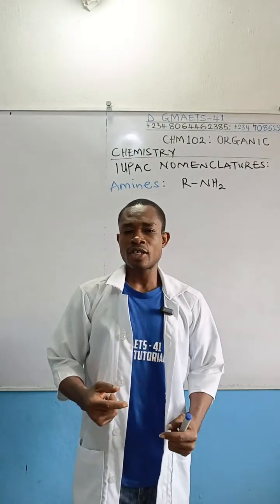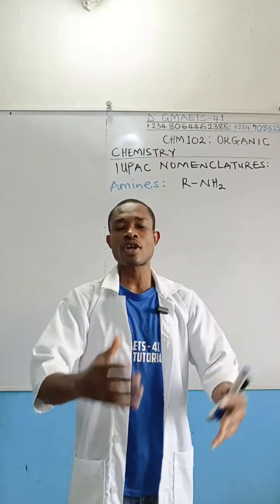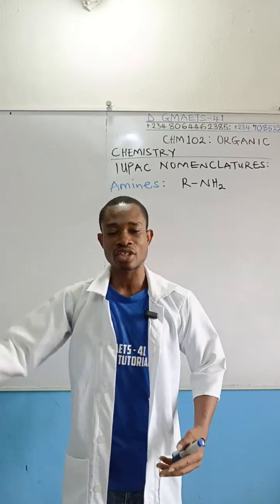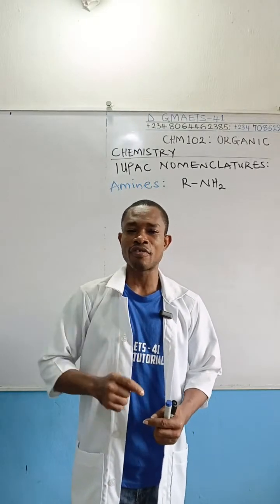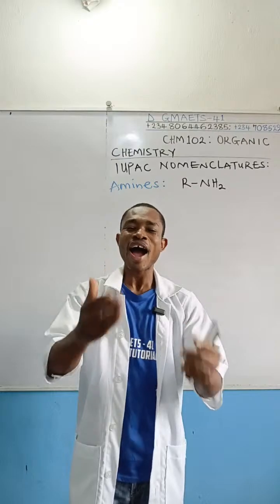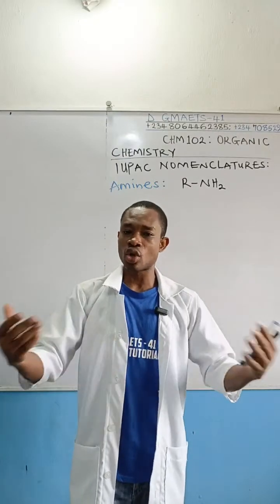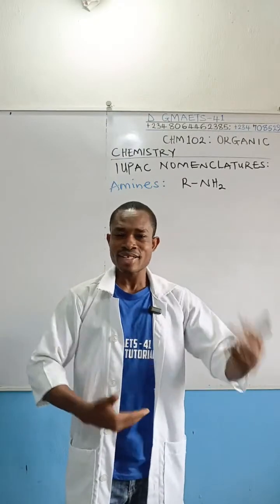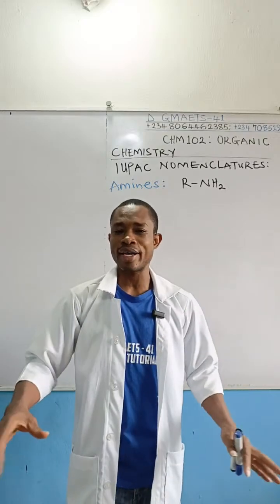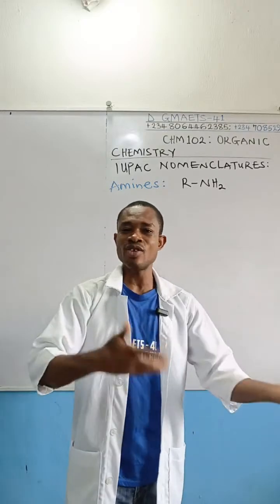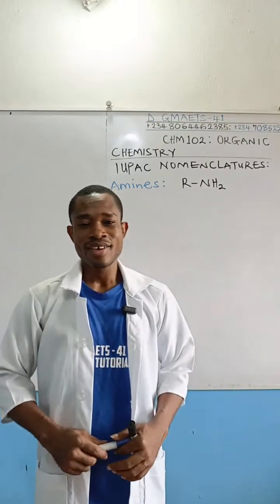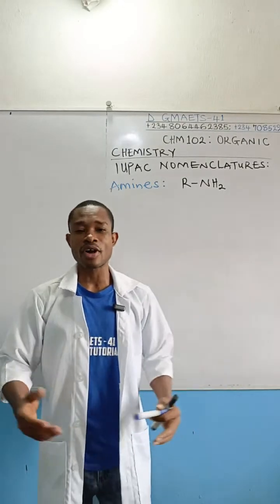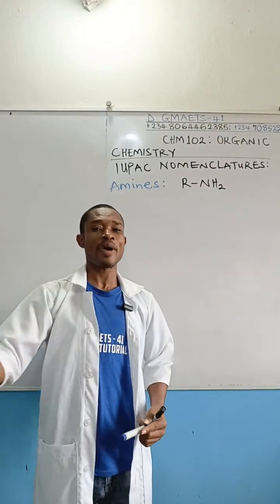If I tell you that propanone undergoes Clemmensen reduction to produce dash, and then in the options, I specify the name of the guy being produced, you have to know the names. So you don't joke with IUPAC nomenclature. That is going to open your mind wide to further dealing with all those chemical reactions of these guys. For example, Clemmensen reduction of propanone is going to give you propane.